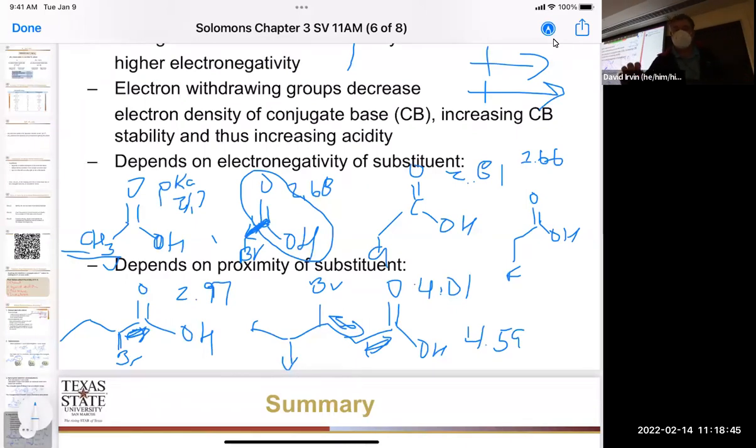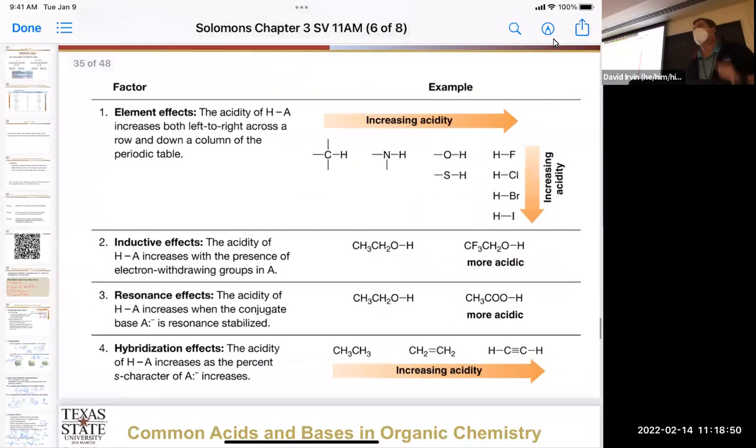All right, questions on that? Okay, so here's a summary. The first one is the element effect. If you're going across a row, it's all about electronegativity. If you're going down a column, it's all about size. Okay, so those are the two that affect it. The inductive effect is less of an effect.